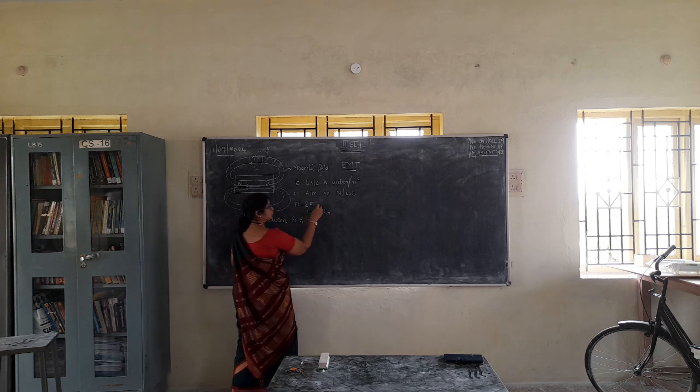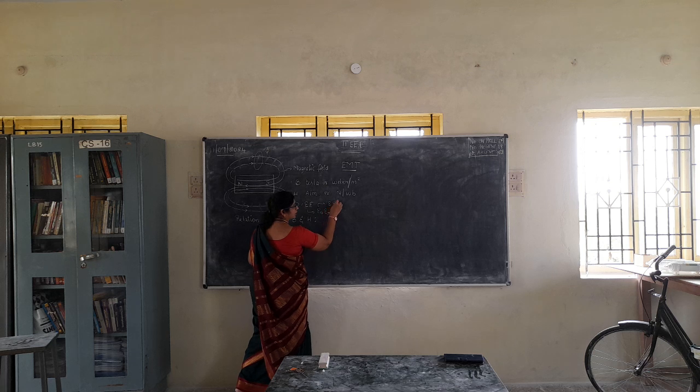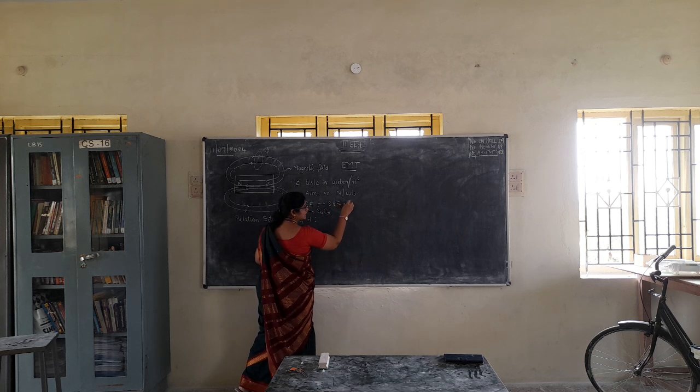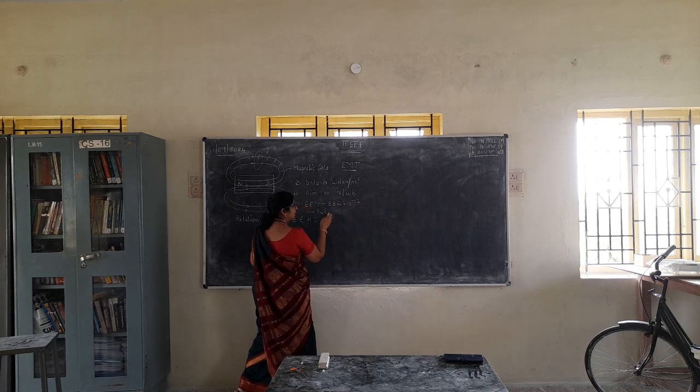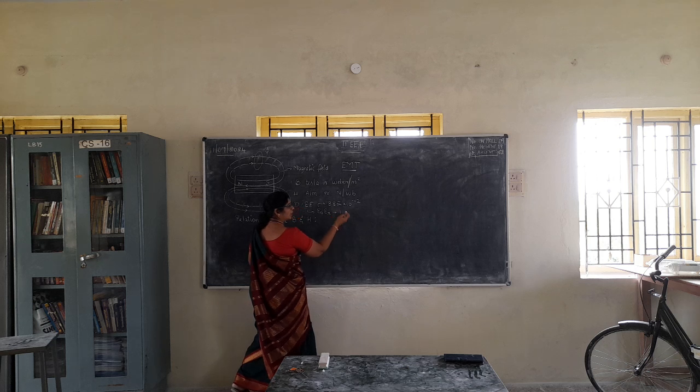Permittivity. It is usually 8.854 into 10 power minus 12. Epsilon R value is 1.